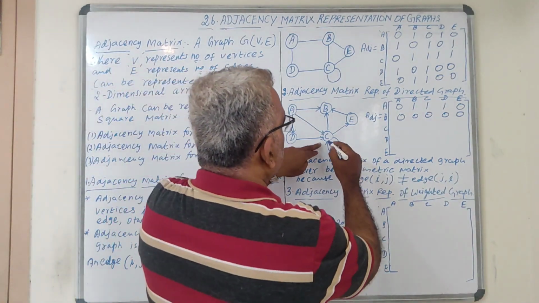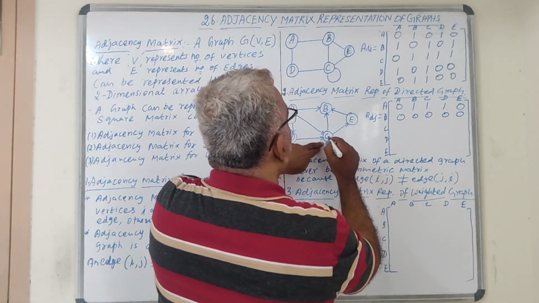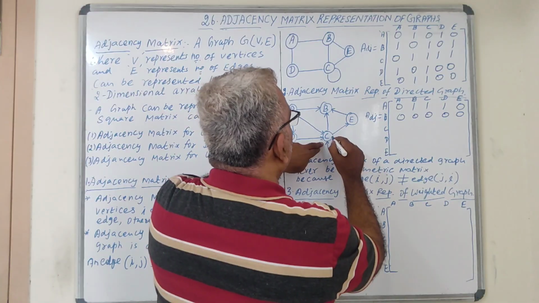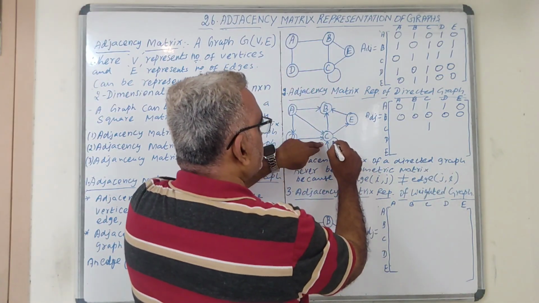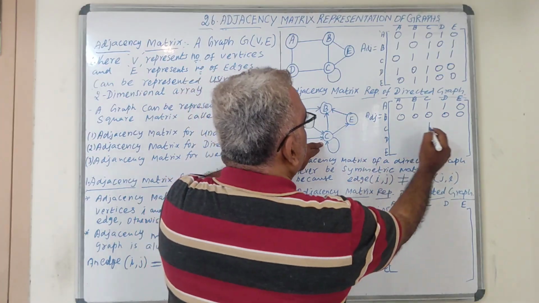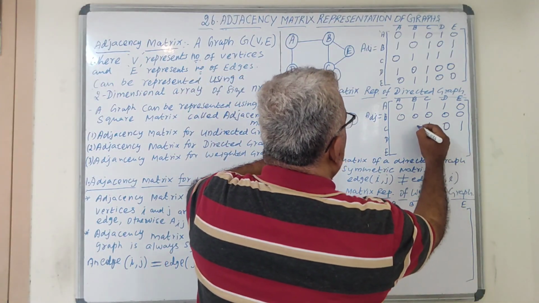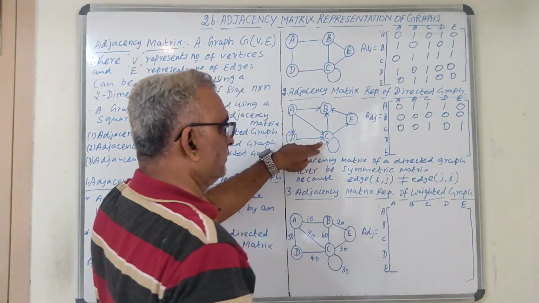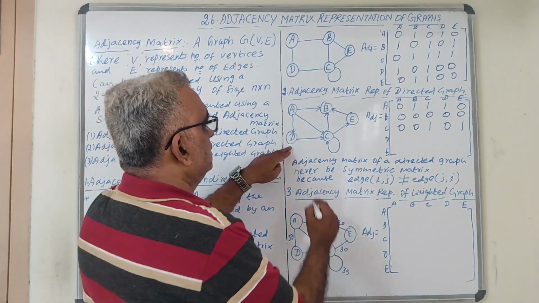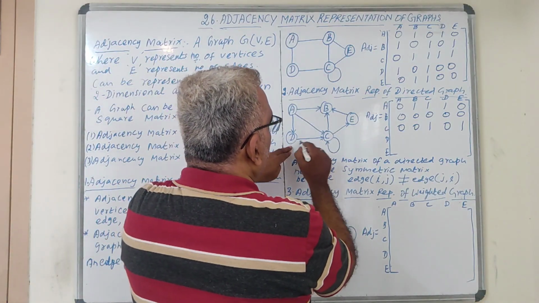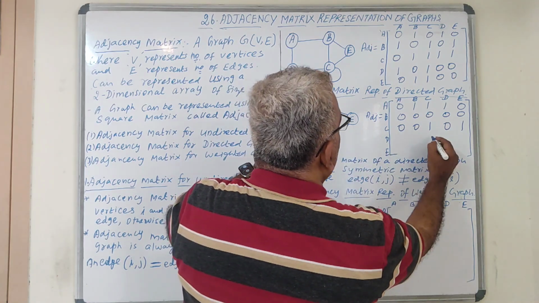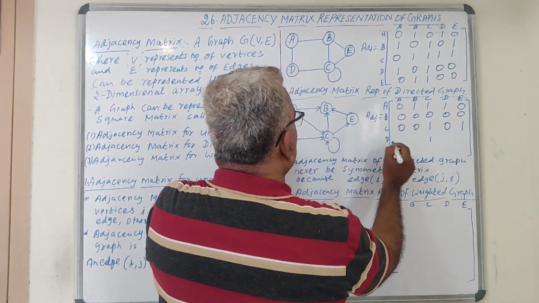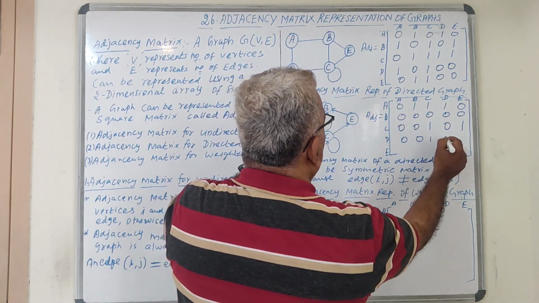Okay. Come to C. From C there is a self connection, a self loop, and C to E is also present, but the remaining values are 0. So we come to D. From D there is only one connection, D to C. So the remaining values are 0.